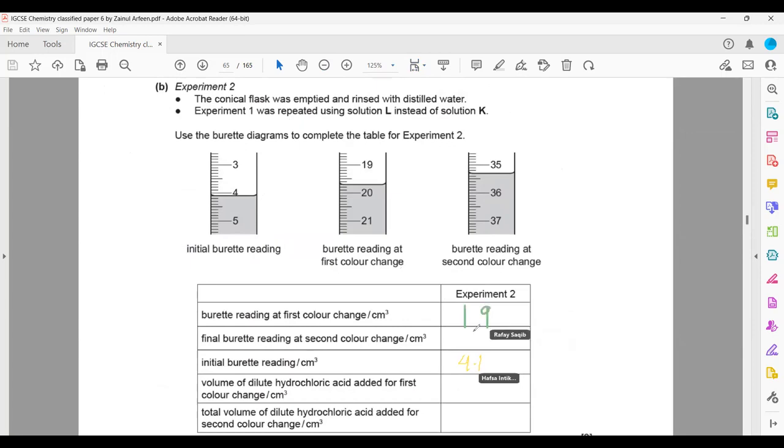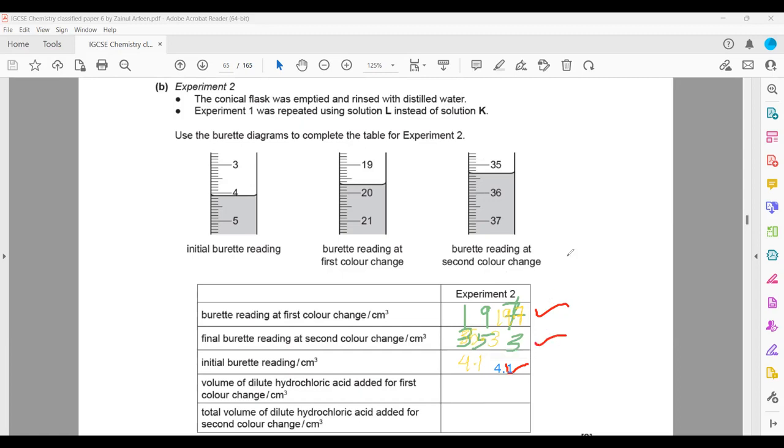Initial burette reading is 4.1, that's right. The burette reading at the first color change is 19.7. The final burette reading is 35.1.